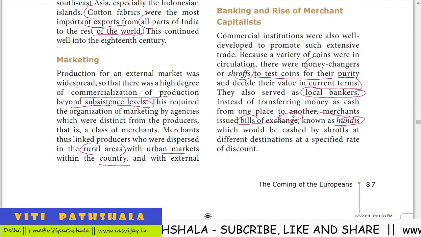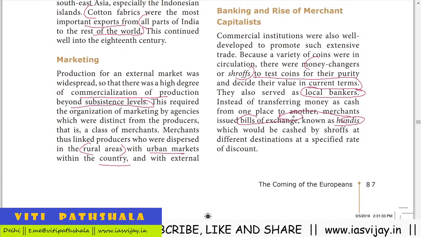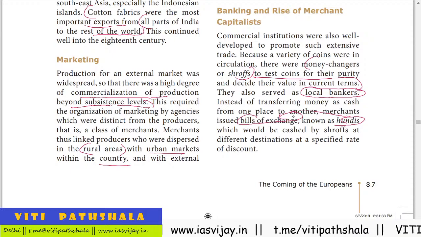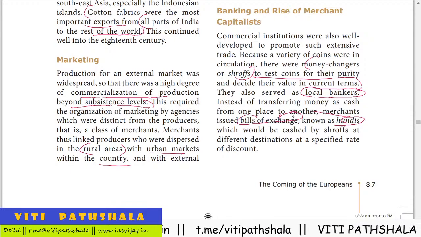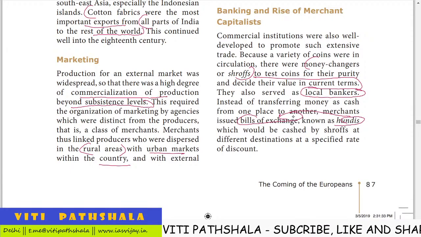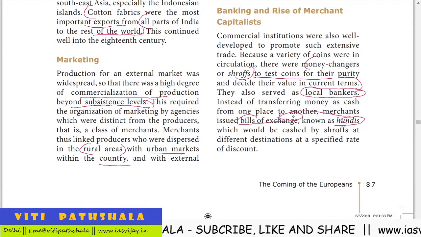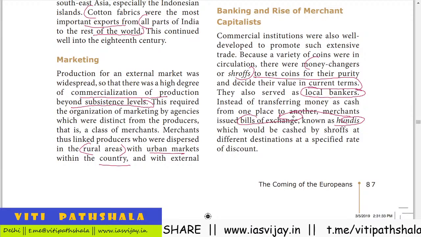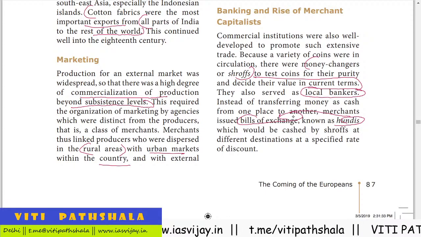For example, if you wanted to go from place A to place B and you wanted to carry money, but in between it can be lost or it can be looted by the people. So what you can do, you can get a bill of exchange from a sheriff at your place A and you can get it cashed at the destination, that is the B you wanted to go.